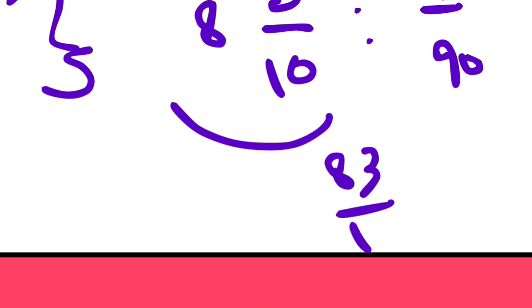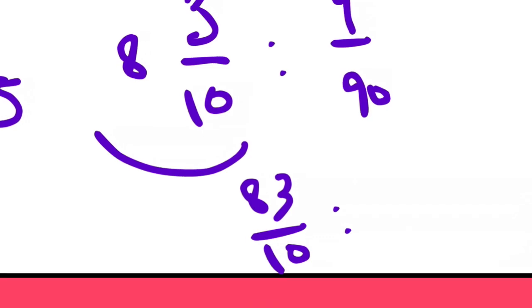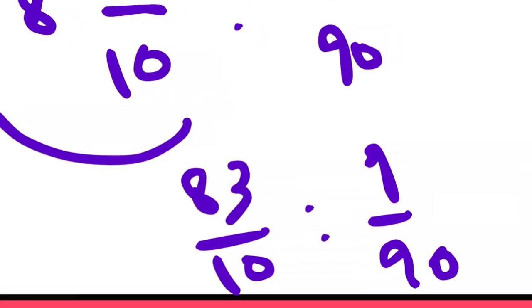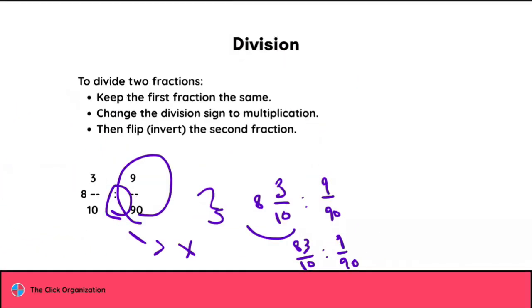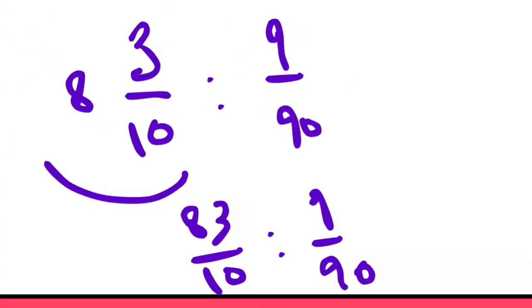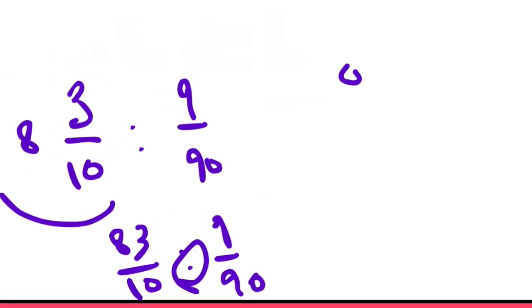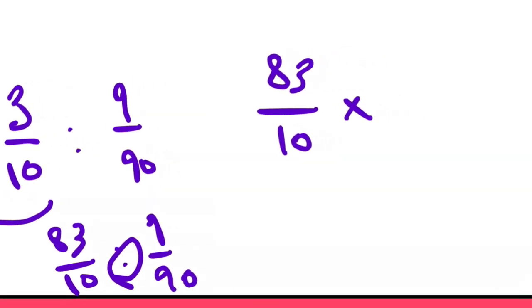83 divided by 10, and 9 divided by 90. It says we should change the sign of division into multiplication. So let's do that. 83 divided by 10 multiplied by 90 divided by 9. Why? Because we should invert the second fraction.